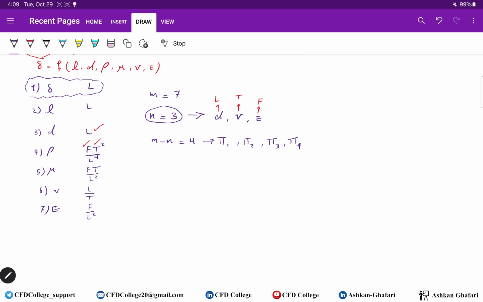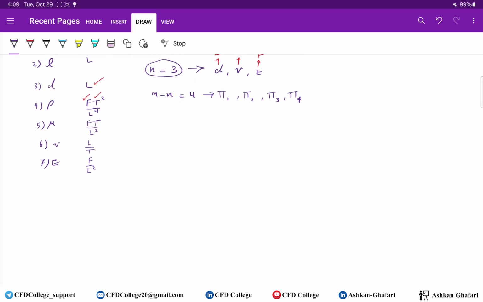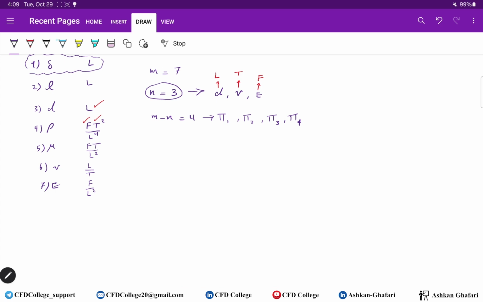So now the last step, we should find pi 1, pi 2, pi 3, and pi 4 using these quantities. So we picked D. D is gone. V and E.